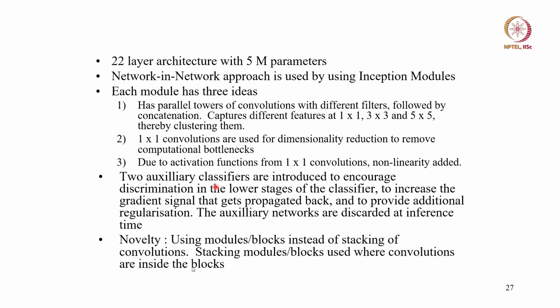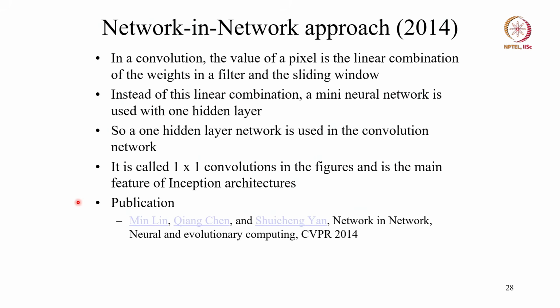So what is the novelty in this? Using the inception blocks, stacking module blocks where convolutions are inside the blocks. This is what is called the network in network approach.